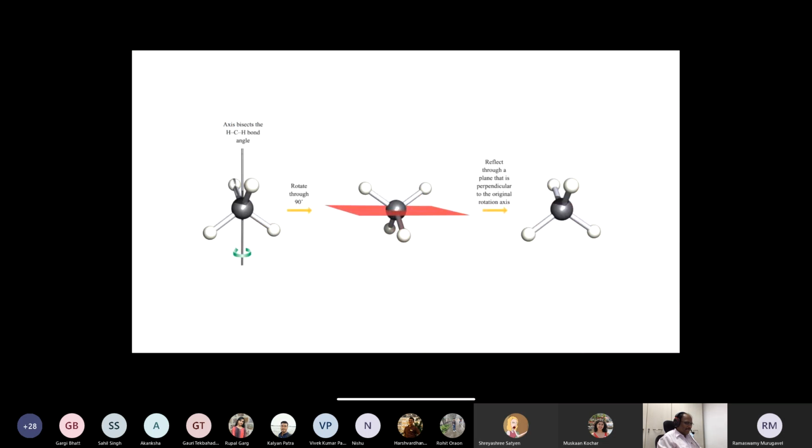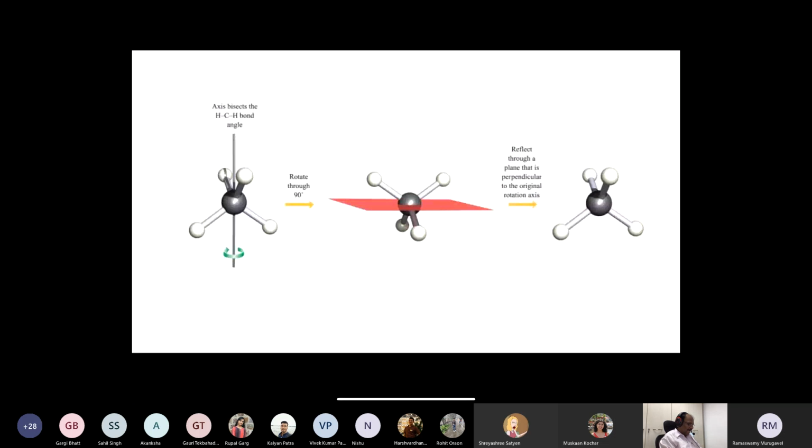And improper rotation needs a bit more imagination. It's not very difficult. This is methane. I showed methane in this slide in such a way that I can rotate it through 90 degrees. So let's say that these two are in one plane along with this other atom, and these two are in a plane along with this atom.